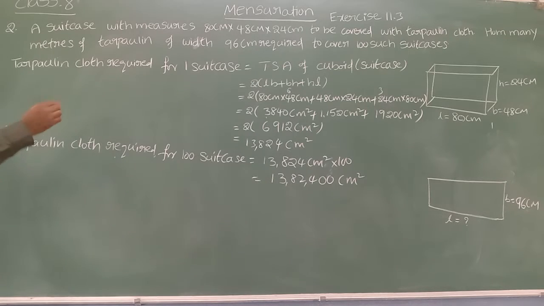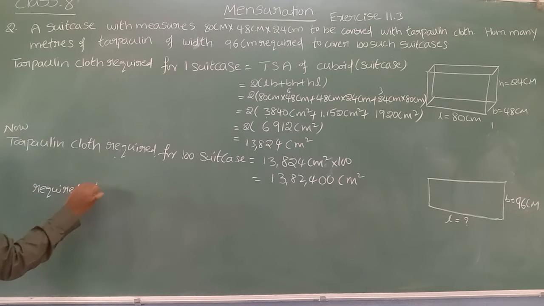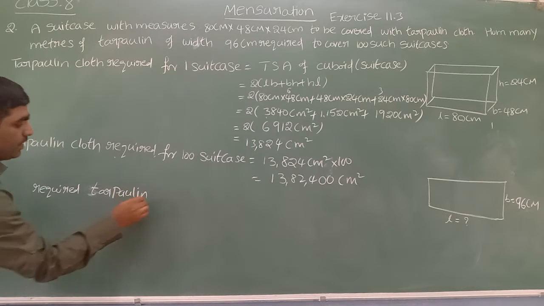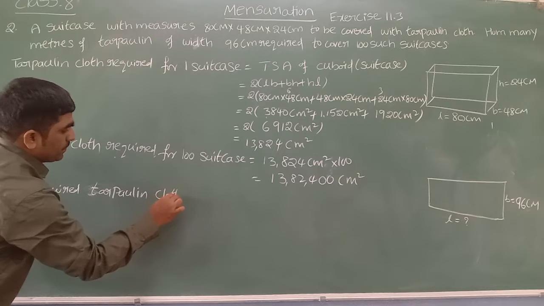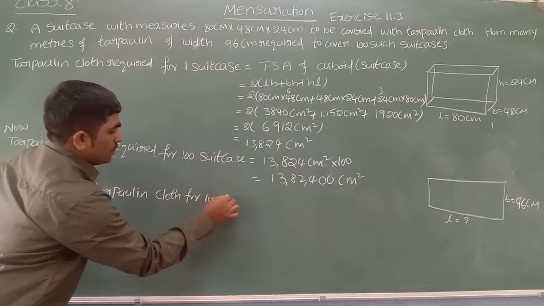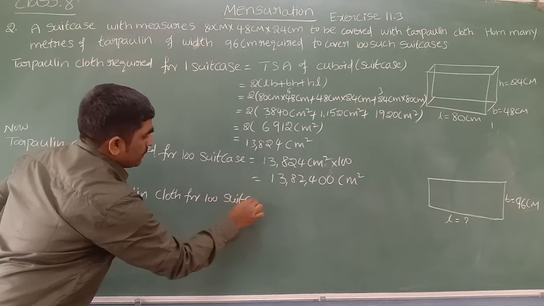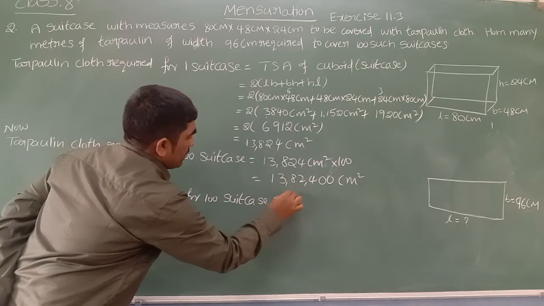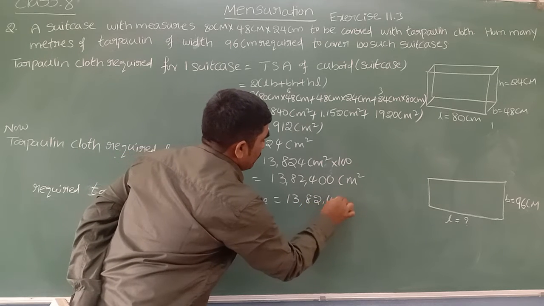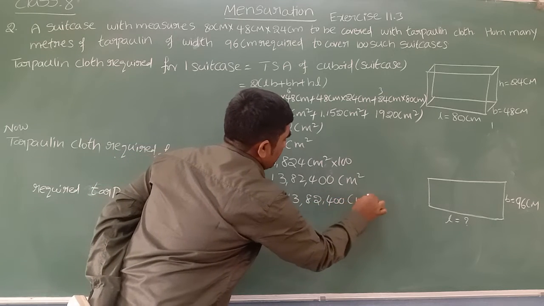So here we can write the area of required tarpaulin cloth for 100 suitcases. 100 suitcases is how much? 13,82,400 square centimeters.